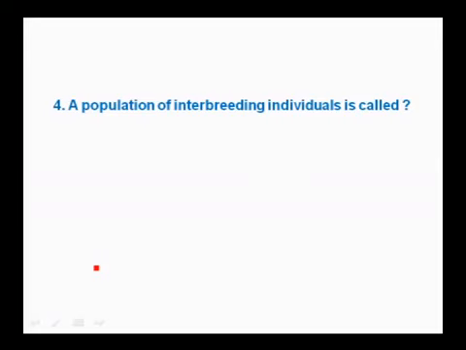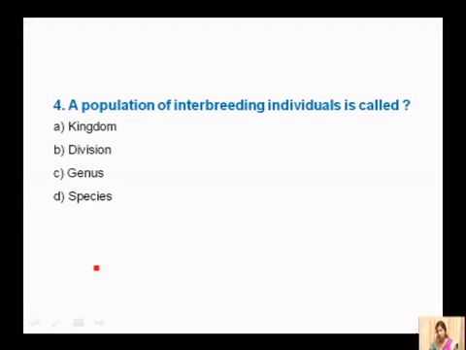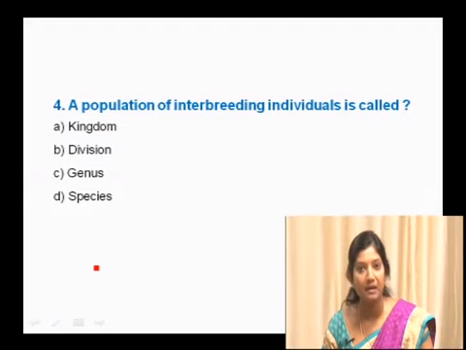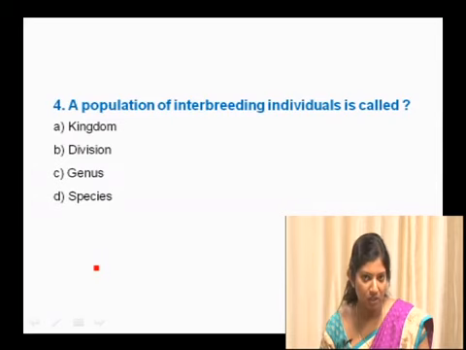A population of interbreeding individuals is called. Now, let us see the options given below. Kingdom, division, genus, species. Species is actually the basic, the last unit of classification in a taxonomic hierarchy. What is actually species?